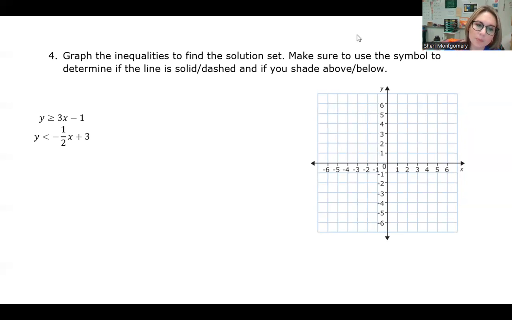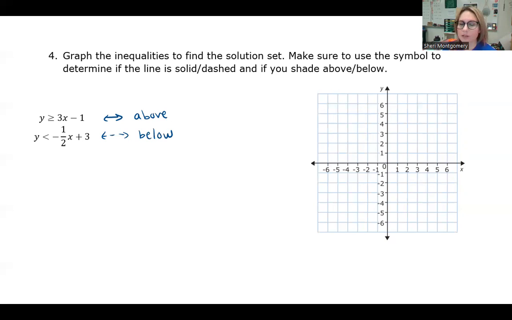When I look at the top inequality, that one is a greater than symbol and there is the line underneath. So since there's a line underneath, it's going to be solid. And it says greater than, so I shade above. The bottom one, it will be dashed and I shade below.